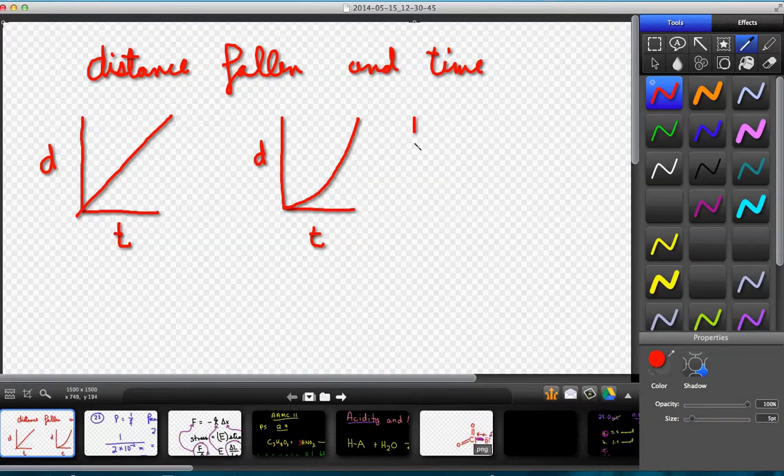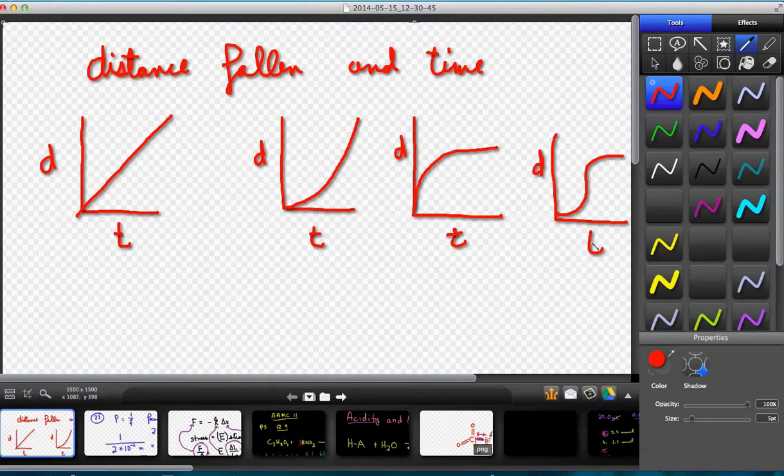C, distance versus time. And D, distance versus time. Two of these can be eliminated right off the bat. So let me just label these A, B, C, and D.